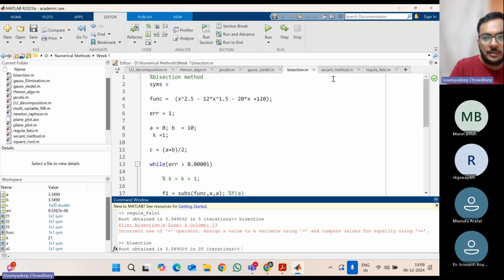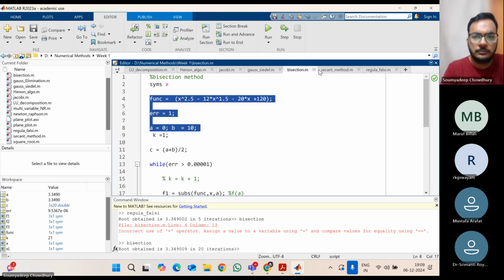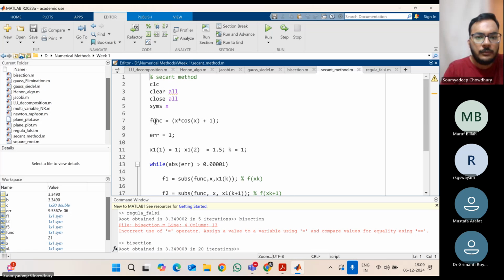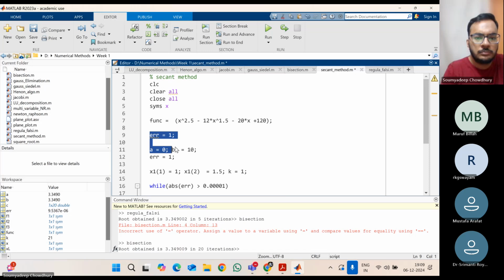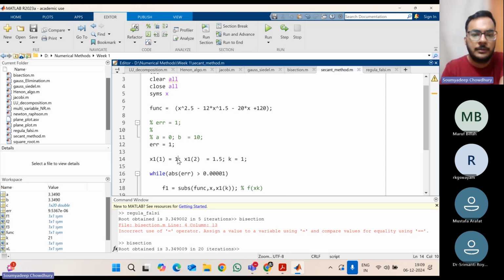And the second method, the secant method, you can see it is in 9 iterations.